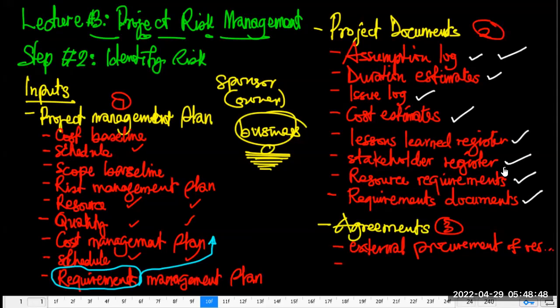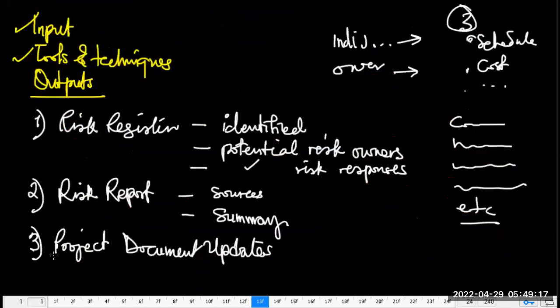Because you may identify certain risks that will require that you introduce new stakeholders. And these stakeholders might not just be internal, they could be external. For instance, you may see the need to escalate certain risks, right? Outsource certain risk ownership. So there's a need to bring these people on board. That means you need to go back and update your stakeholder register. So that's what is meant by project document updates.